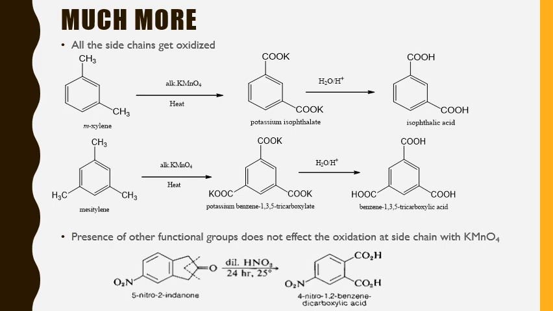Therefore, this ring will be broken and this C will be converted to COOH. Similarly, this C will be converted to COOH irrespective of the presence of the nitro group. So this is an example where HNO3 can also be used as an oxidizing agent. However the structure may be, if the benzene is attached to a carbon bearing a hydrogen, it will be converted to COOH in the presence of oxidizing agents.